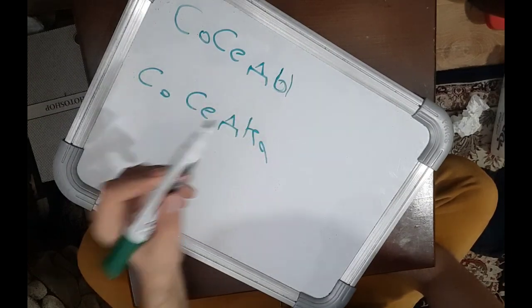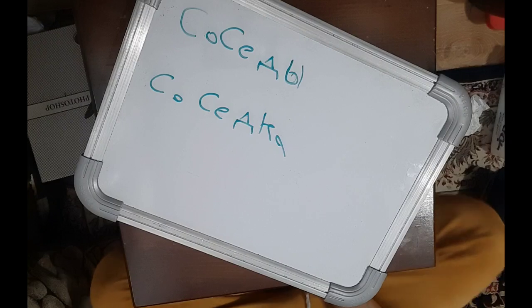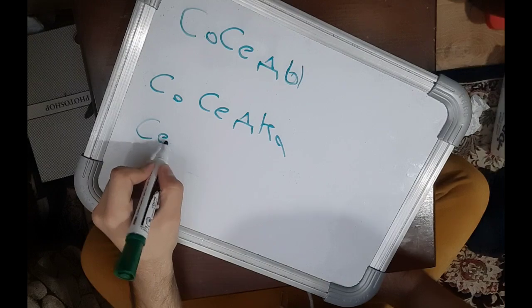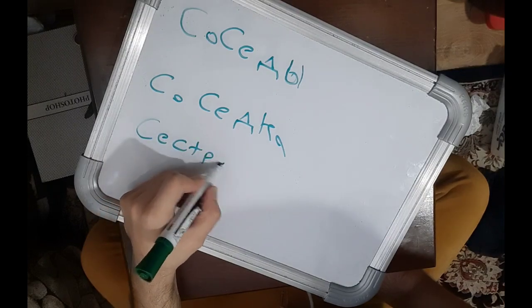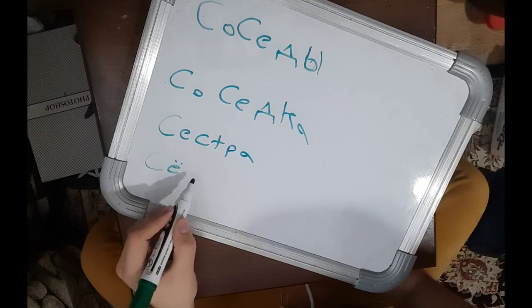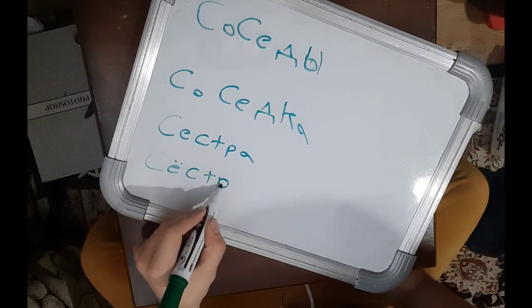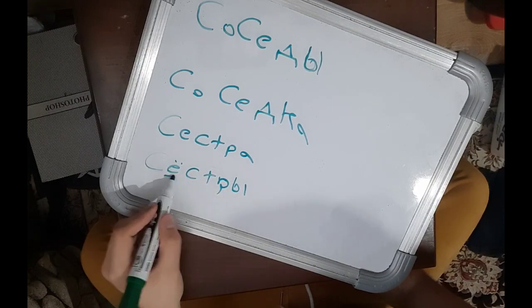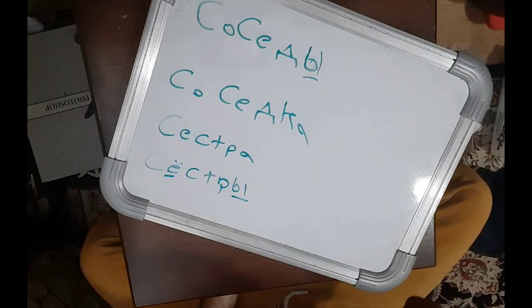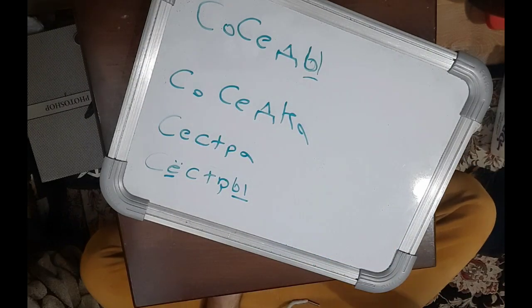Something like that. Or you have the noun sestra, which means sister. You pluralize it like this, sestri. You see, it mostly gets the sound E at the end in order to be pluralized.